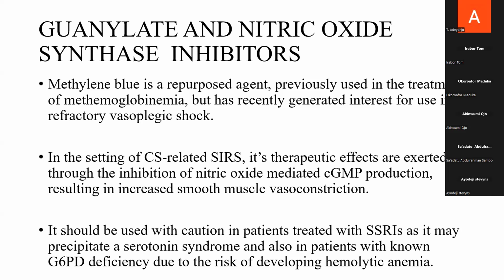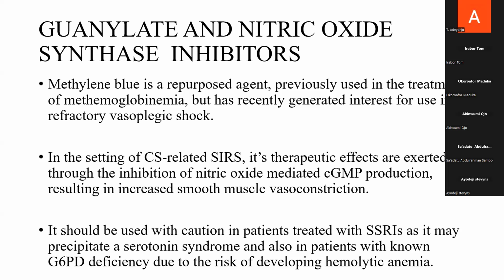In the setting of cardiogenic shock related to SIRS, or systemic inflammatory response syndrome, its therapeutic effect is that it causes inhibition of nitric oxide-mediated cyclic GMP production, resulting in increased vascular smooth muscle vasoconstriction.